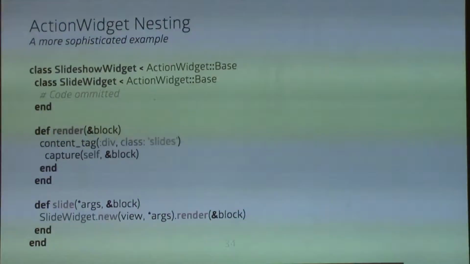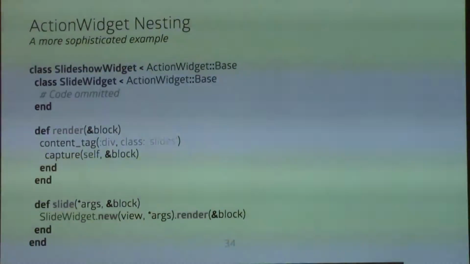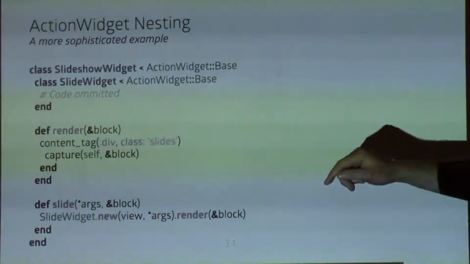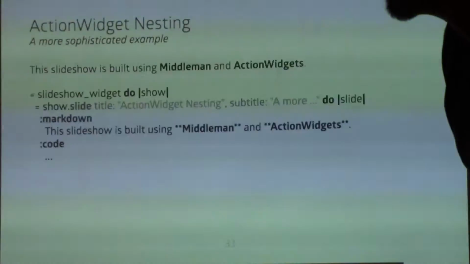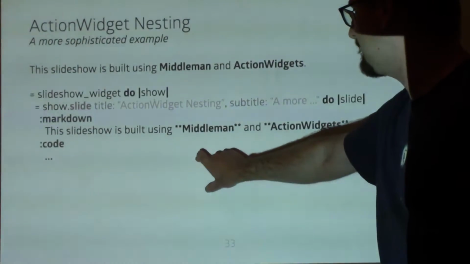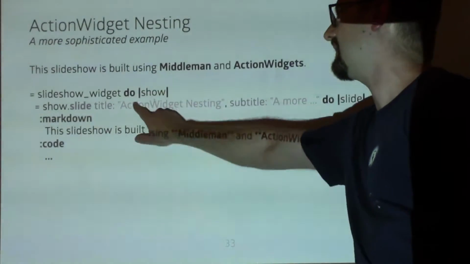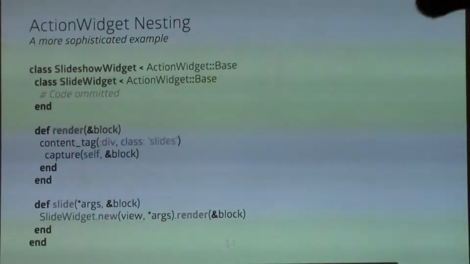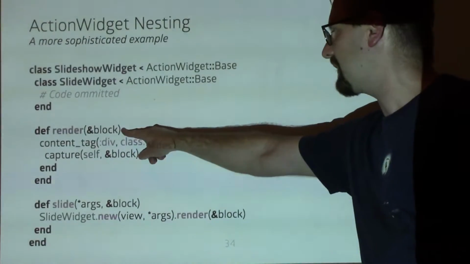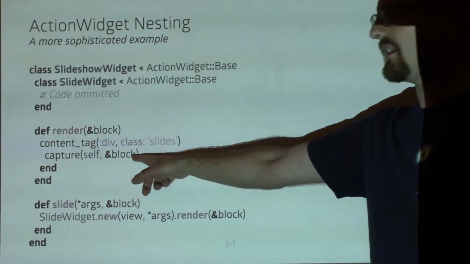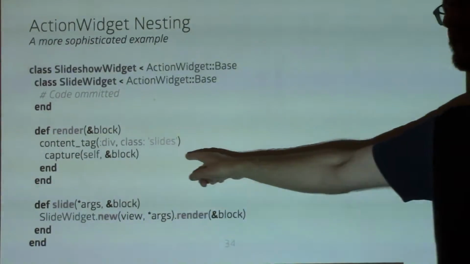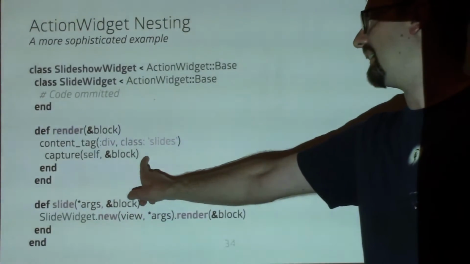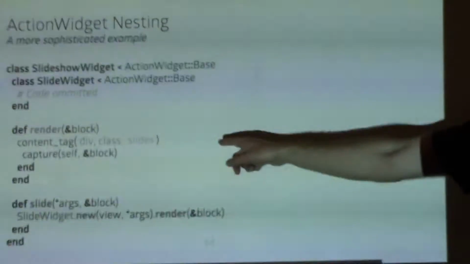This is some of the code of the slideshow widget. The crucial part is the way this block gets processed. Essentially, this block here, which is passed into the slideshow widget, is assigned to this variable, and then I use the Rails helper capture, which allows me to render a block while also passing in an arbitrary variable.